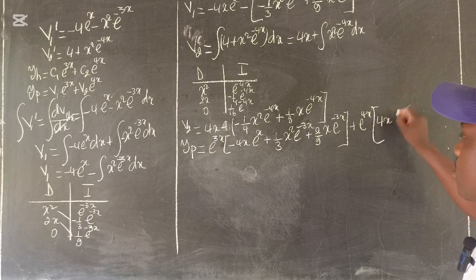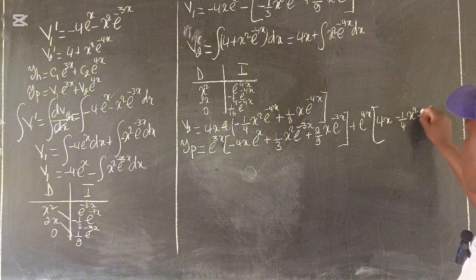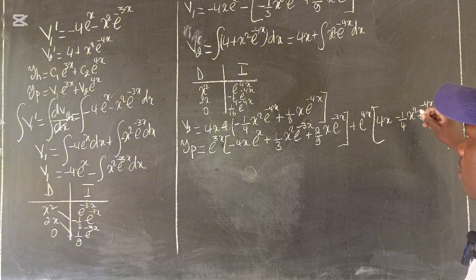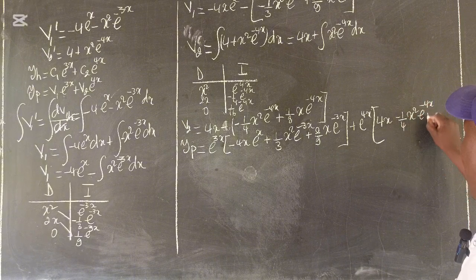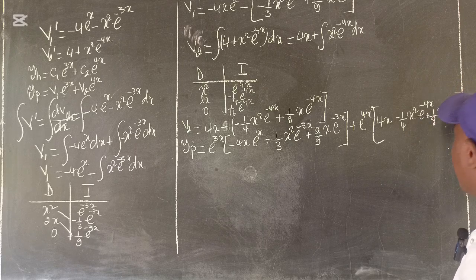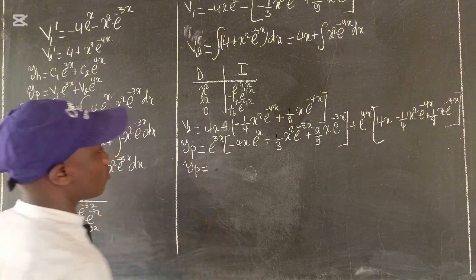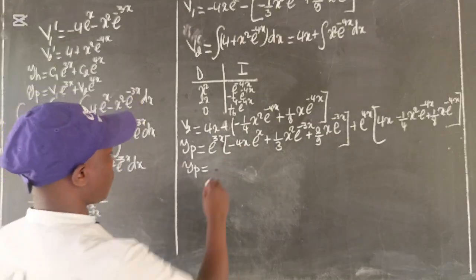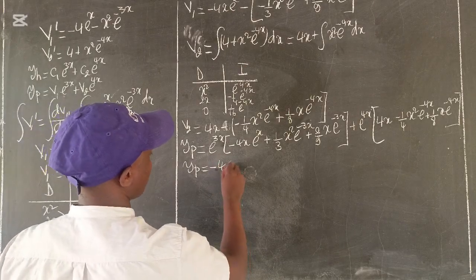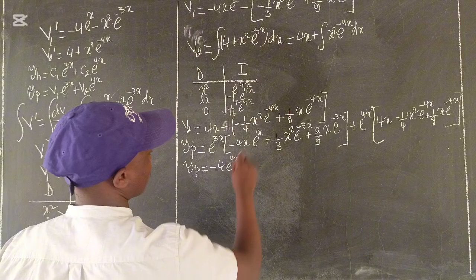Here is 4x minus 1 over 4 x square times exponential of minus 4x plus 1 over 8 times x times exponential of minus 4x. Okay, yp, a particular solution, this times this, we have minus 4 times exponential of 4x.